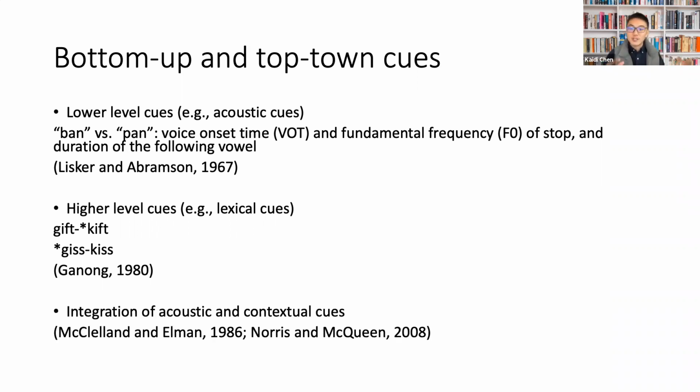Listeners could also integrate both acoustic and contextual cues in speech perception and word recognition. Taken together, listeners can use bottom-up cues, such as acoustic cues, and also top-down cues, such as lexical cues, to solve the lack of invariance problem and to infer the intended message.